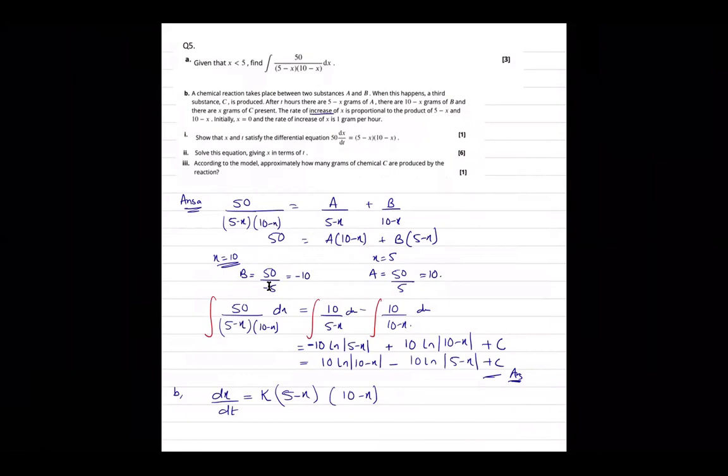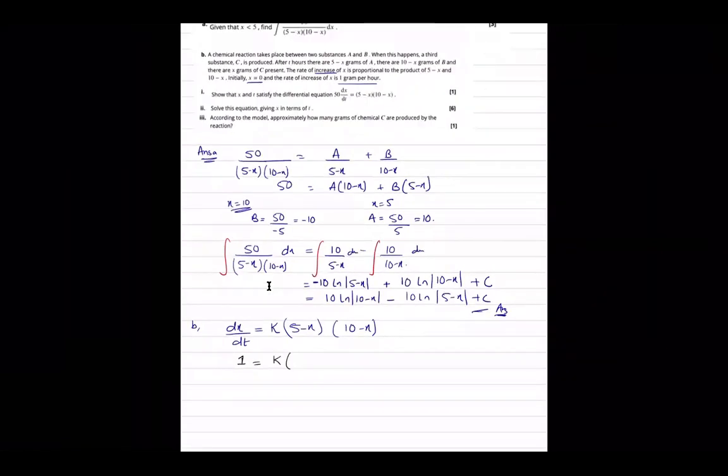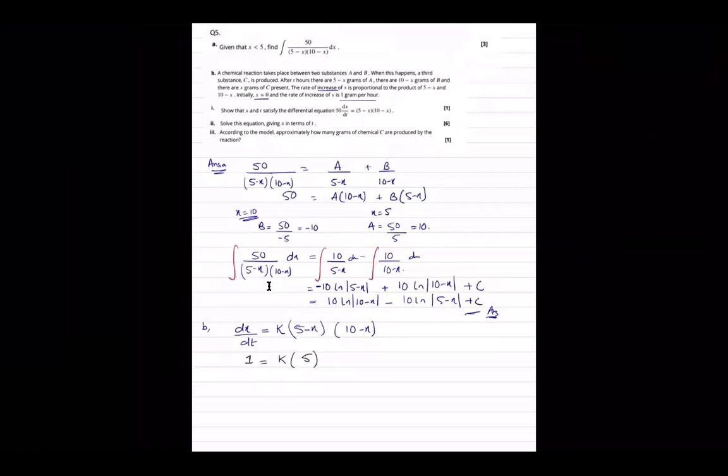Yes, sir. The question is saying that initially x is 0 and the rate of increase of x is 1 gram per hour. This means that the value of dx by dt is 1 when x is 0. So when x is 0, k value comes out to be 1 upon 50.